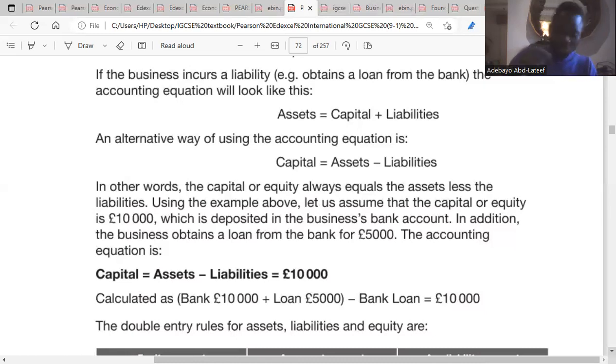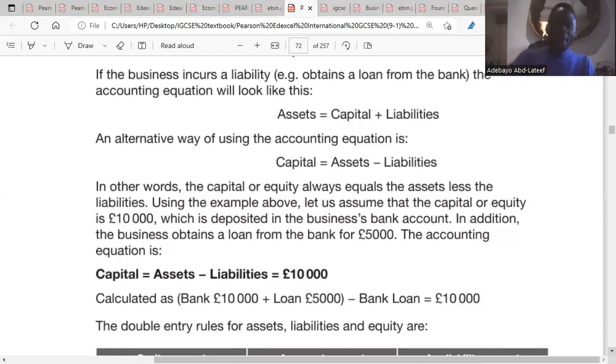Yes or no? So the 10,000 becomes cash here, right? Then a loan of 5,000. A loan of 5,000 is a liability, but at the same time it is cash because it belongs to the business. The business will be able to use it. So it means 10,000 plus an additional 5,000.